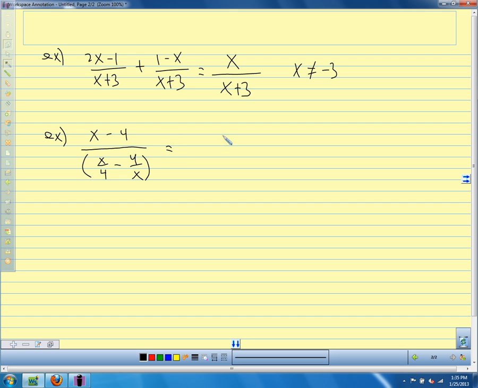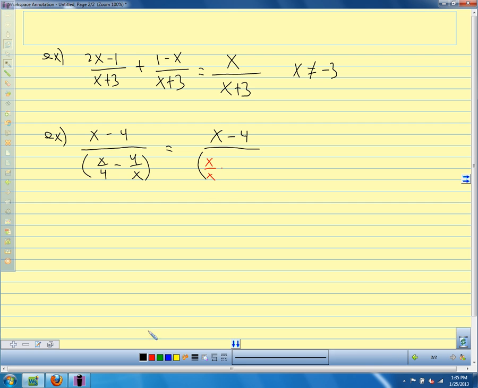So I'm going to leave this x minus 4 in the numerator. What do I have to do here to get a common denominator? Multiply the right side by 4. Multiply the left side by x. Right side by 4, left side by x. So I'm going to write that in red here. So I'm going to multiply this by x over x, right?